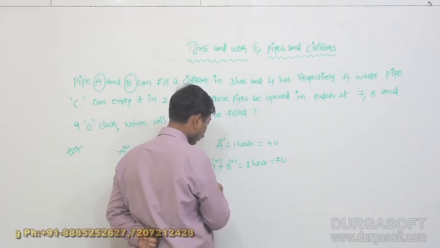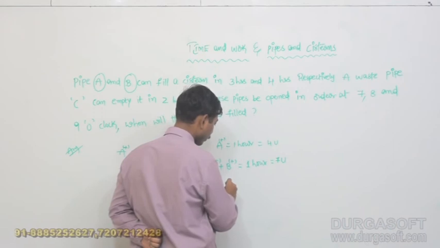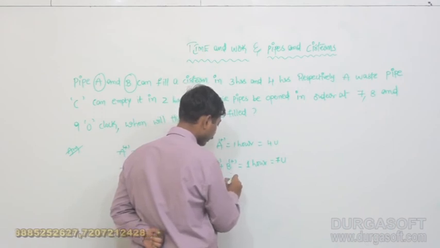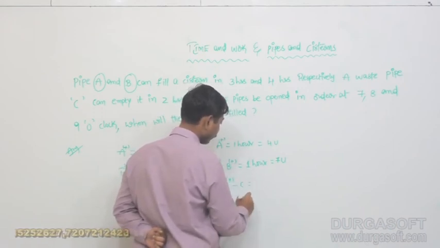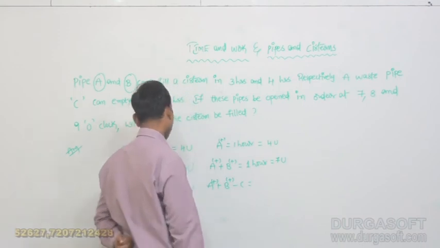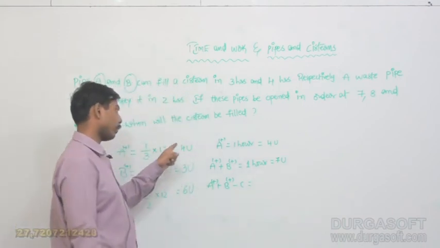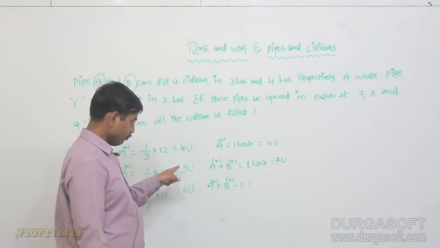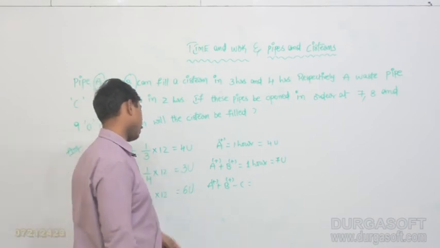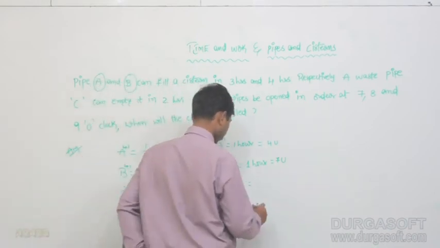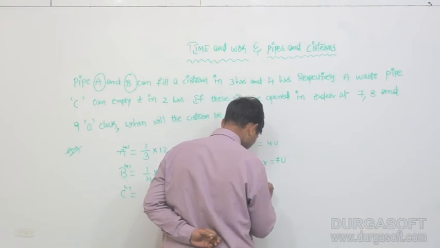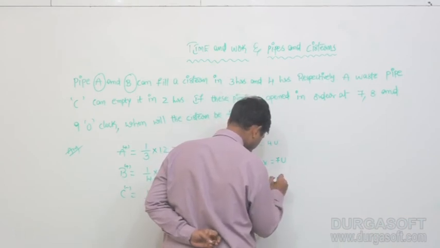Next hour, the 9th hour, pipe C also opened here. Right now these three pipes are working together, which means 4 plus 3, 7, 7 minus 6, 1. These three pipes work together for 1 hour.